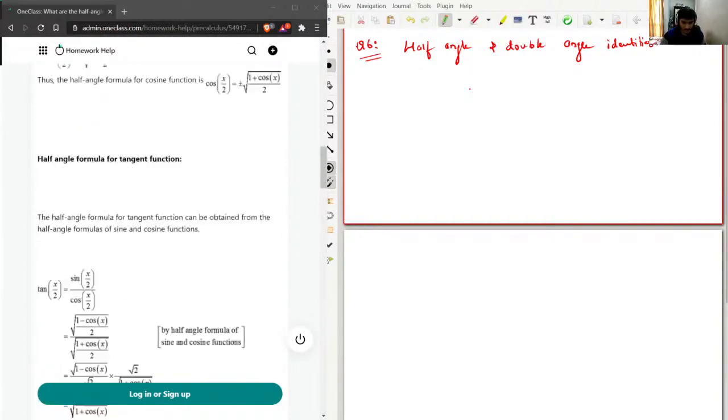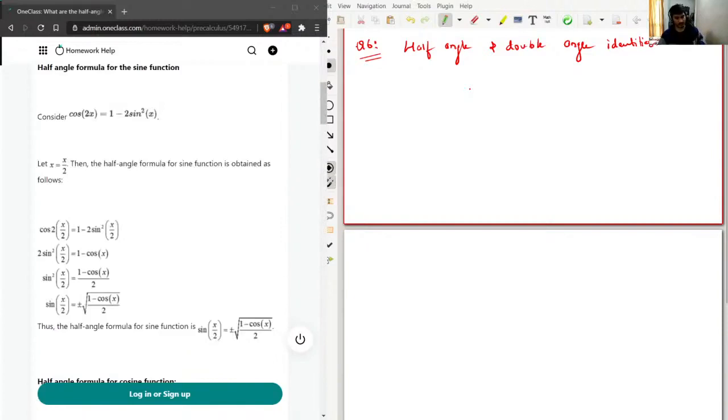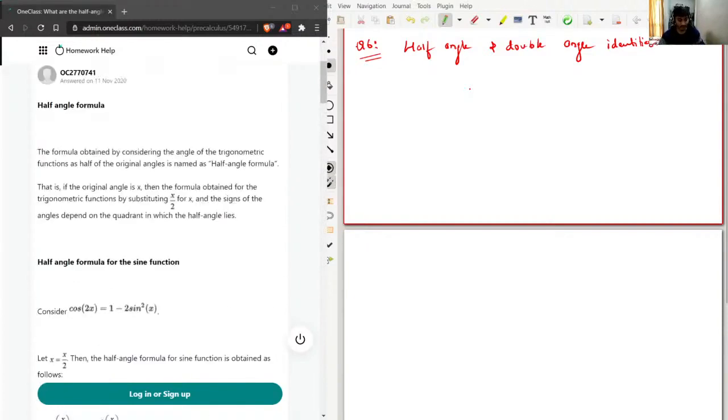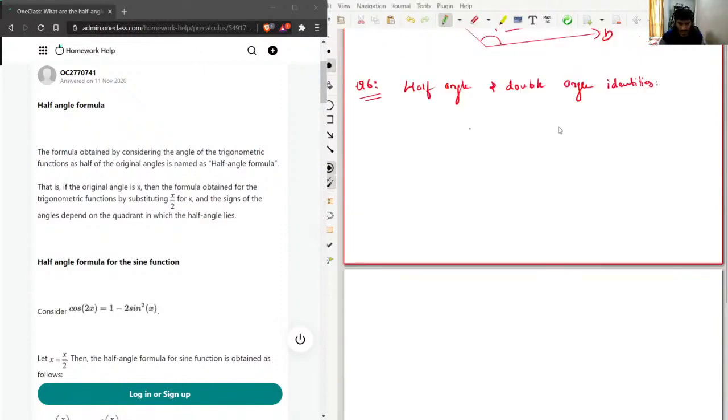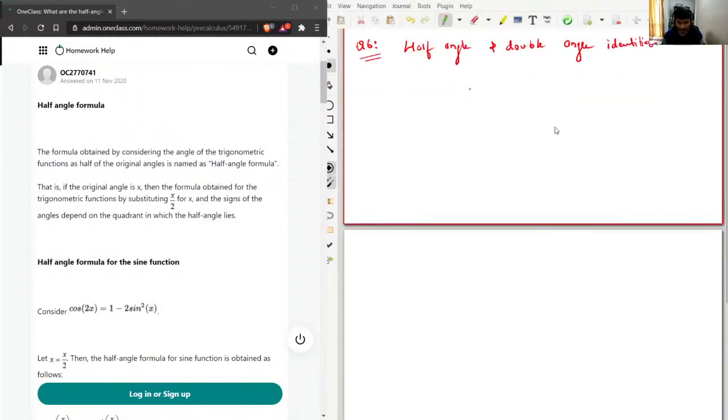First, I'll start with double angle because they have obviously given a very lengthy solution here. So first I'll start with the double angle because people are more familiar with double angle identities.